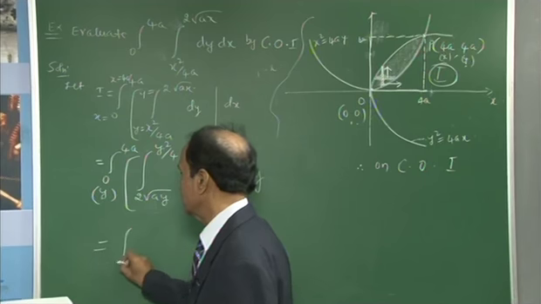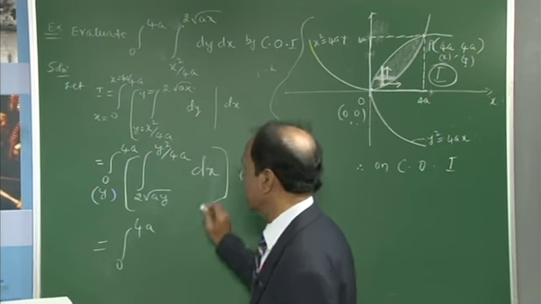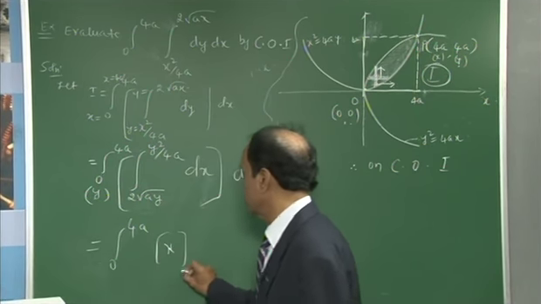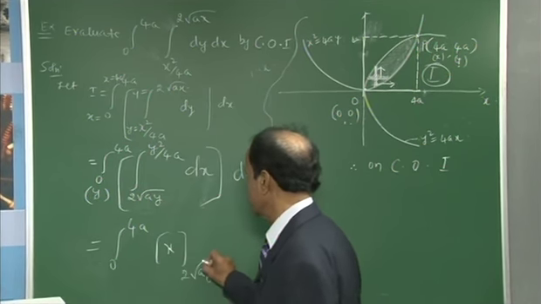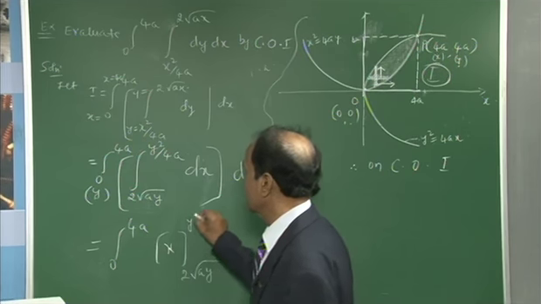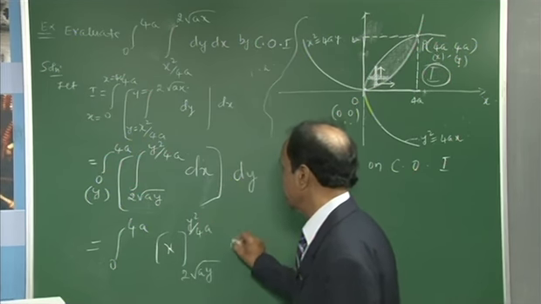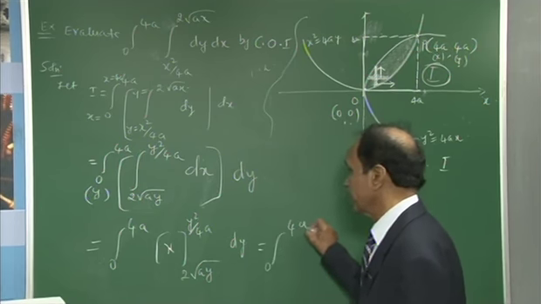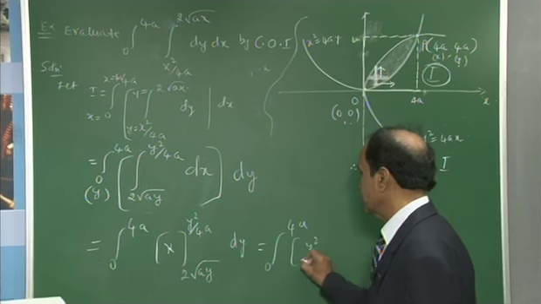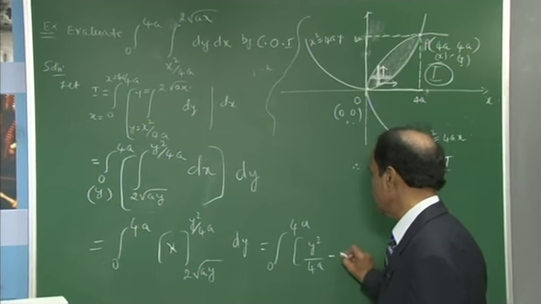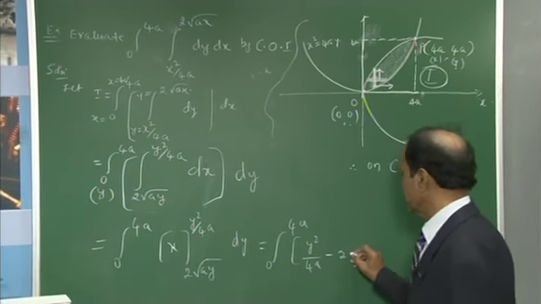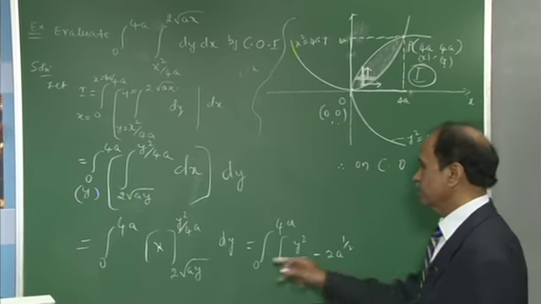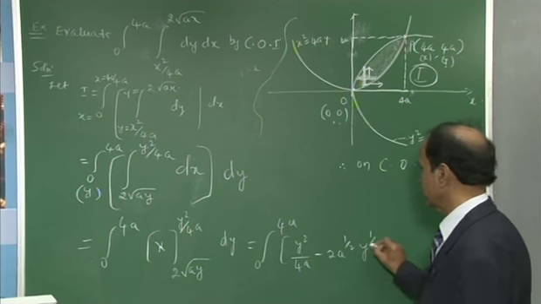This is equal to 0 to 4a, dx means x, over the limits 2 root of ay and y square by 4a, dy, that is 0 to 4a, 2 root of a, otherwise a to the power half, and y to the power half.